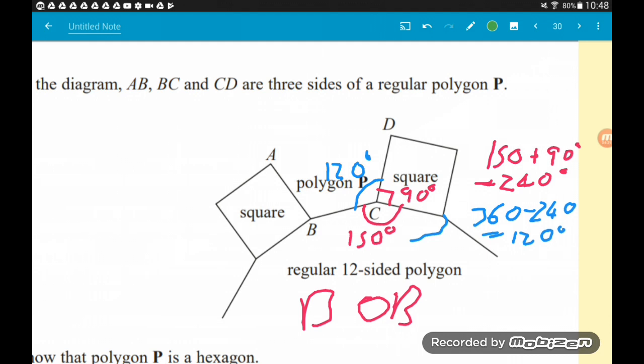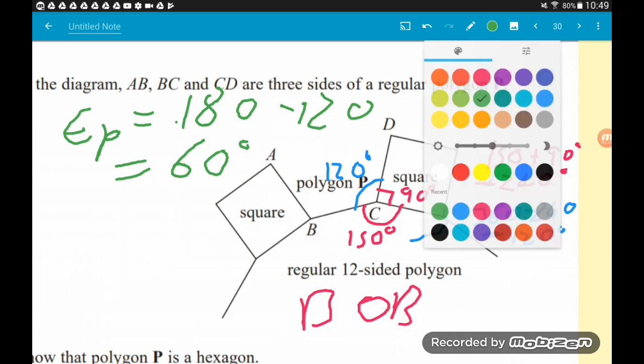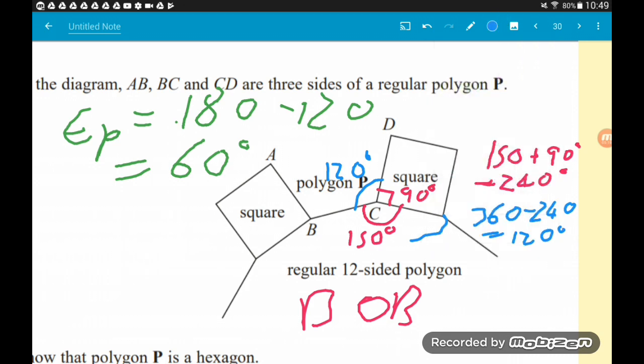So we can work out the exterior angle of polygon P by doing 180 minus 120, which would give us an exterior angle of 60 degrees. Now remember, we are trying to prove that polygon P is a hexagon.